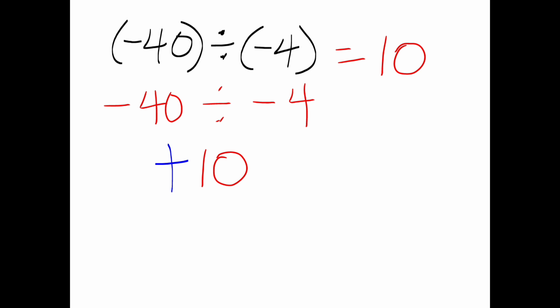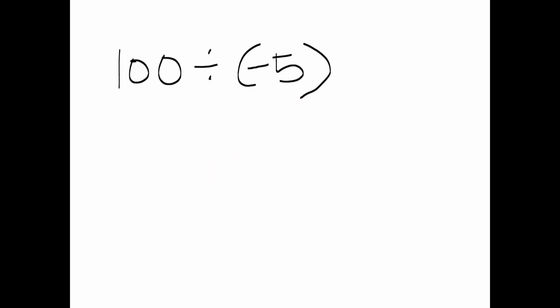Very good. So now the next question says 100 divided by minus 5. We know that our 100 has a positive sign here, which is invisible, right? Very good. So we have plus divided by minus, right? Good.